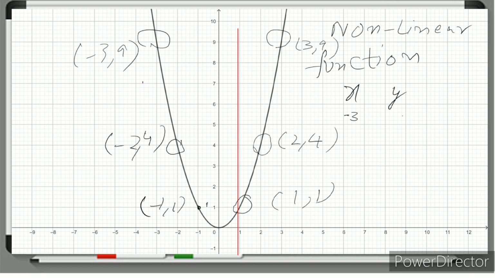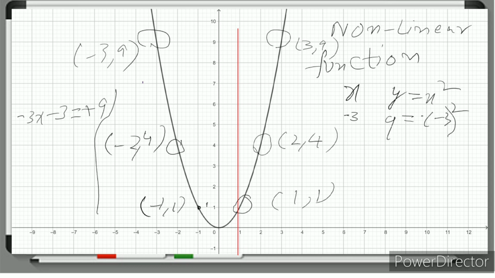It is nothing but y is equal to x square, that is -3 square, that is -3 times -3. Minus times minus will be plus, 3 times 3 is 9. Do it here as a rough column.